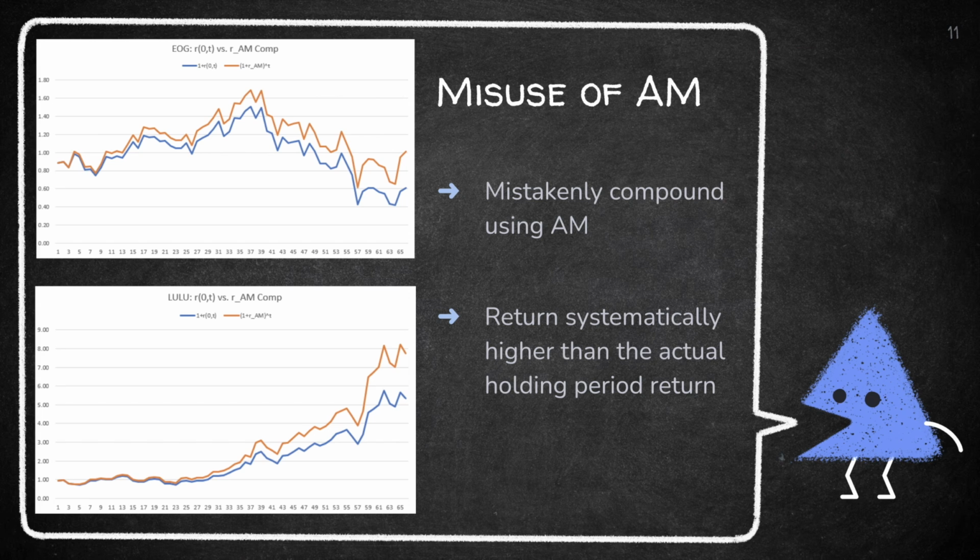As indicated by the graph, the discrepancy grows as more periods are involved. Thus, with larger differences between the two means, such as EOG and Lululemon, we should use geometric means of rate of returns when compounding, instead of arithmetic means of return, to prevent overestimation.